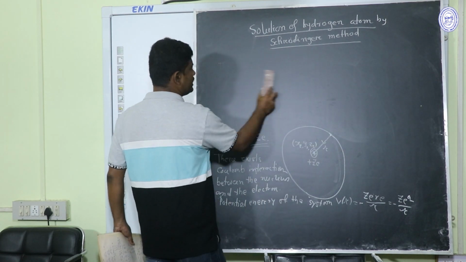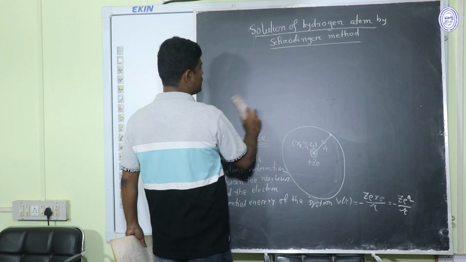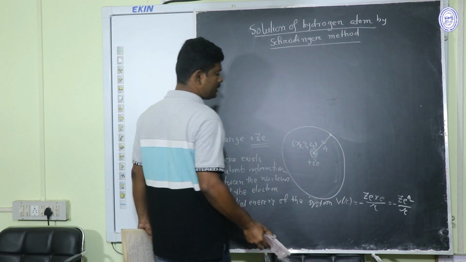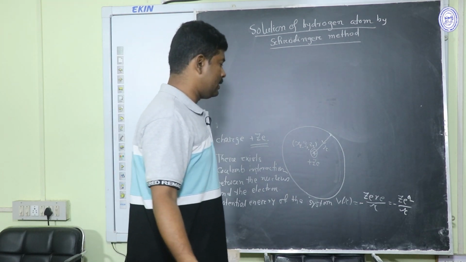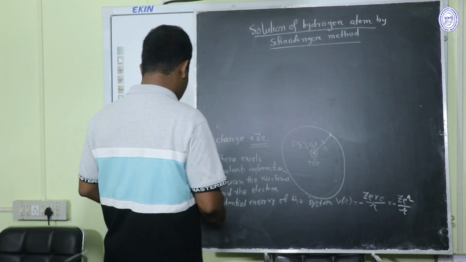This potential energy is negative because there is a Coulomb attraction between the electron and the nucleus, and this potential energy is independent of theta and phi.